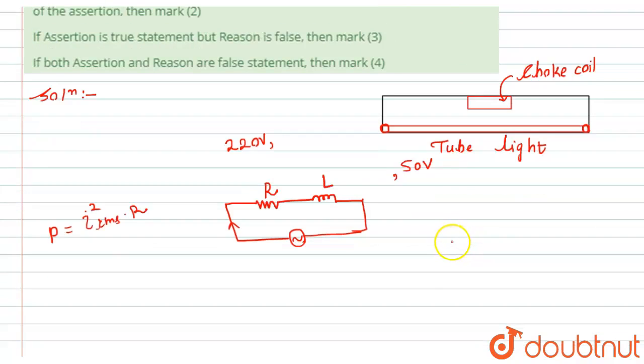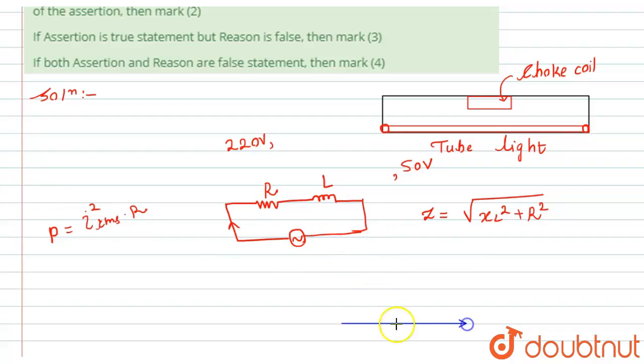Let's look at this circuit. For the LR circuit, the impedance Z is given by Z = √(XL² + R²), where XL is the inductive reactance. To get the power factor, we consider the phasor diagram.